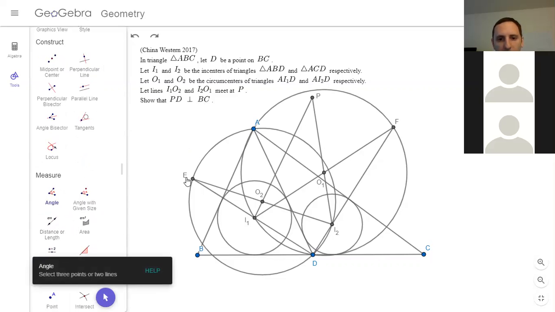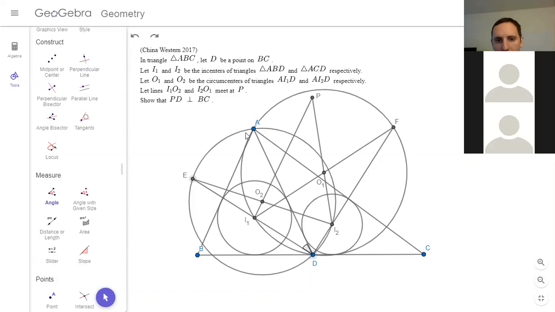Let me check. So yeah, these angles I think should automatically be equal, but maybe these angles are also equal. Let's check. 75.8. And 77.8. So close. Let's try this one. Maybe this is... That was kind of close.